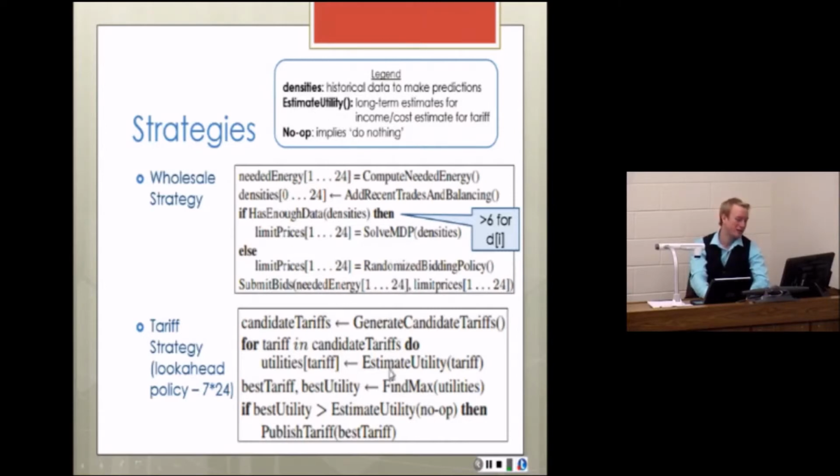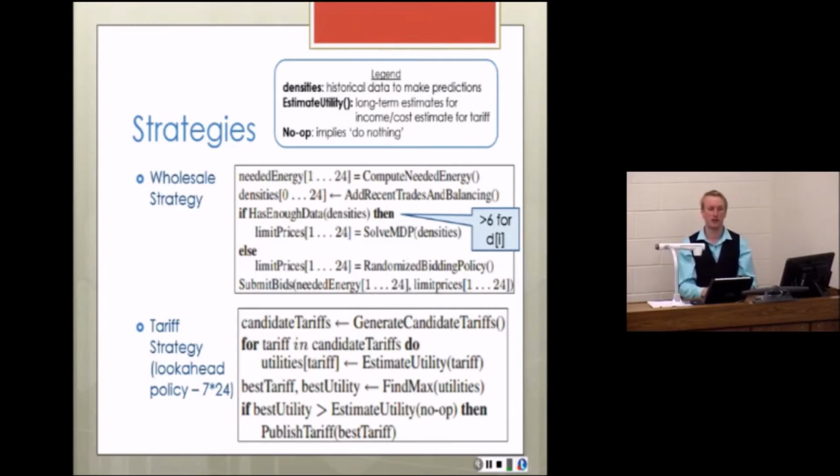So you estimate your utility for each of those tariffs, and then you find your maximum, which goes to that formula I was talking about earlier, maximizing your potential utility. Then it gives you a value for your best tariff and the best utility for that tariff. If your best possible value for doing something is greater than doing nothing, then do it.